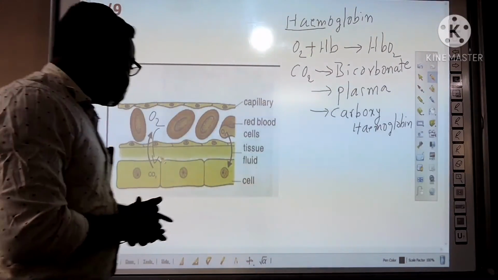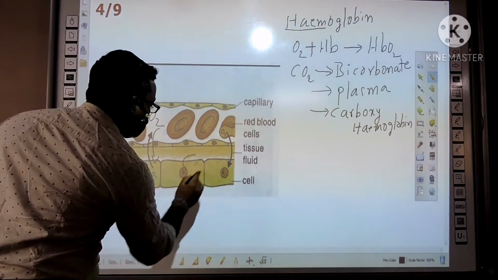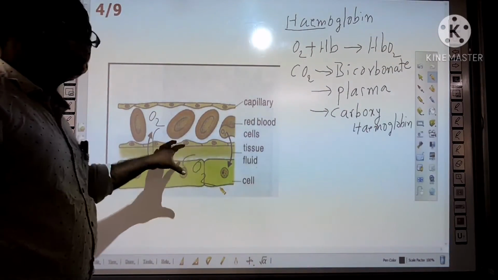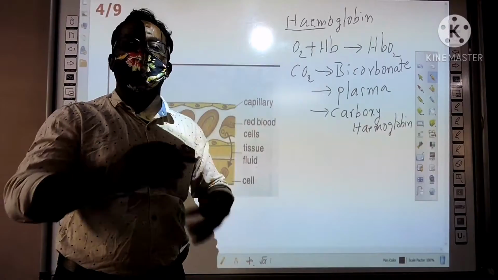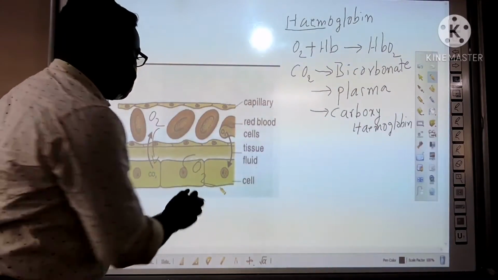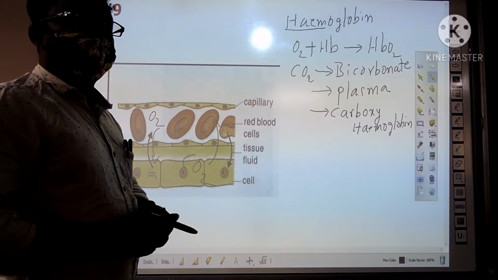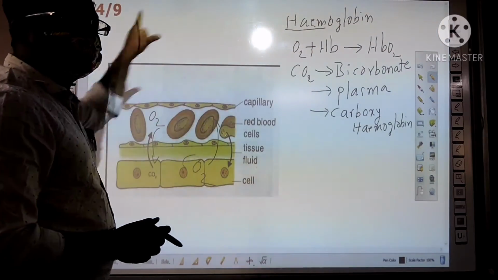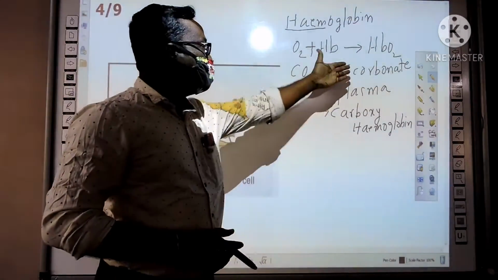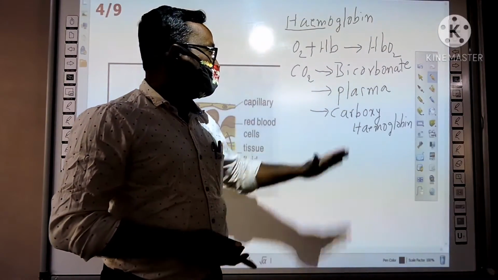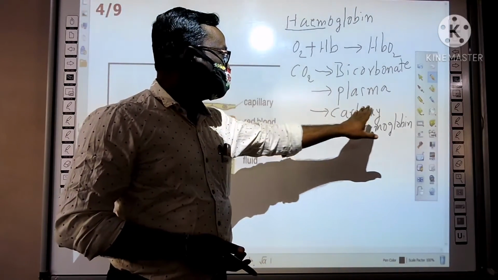At the same time, the carbon dioxide produced in the tissues has more concentration. That's why it enters the blood, from high to low concentration. The carbon dioxide is carried to the lungs through the heart in the form of bicarbonates, through the plasma, and in the form of carboxyhemoglobin.